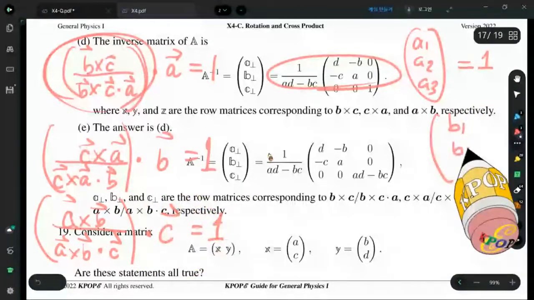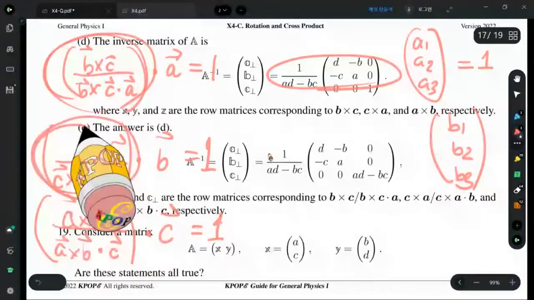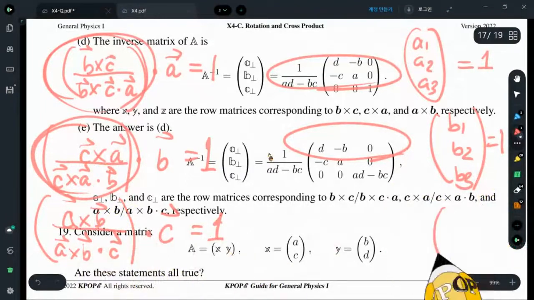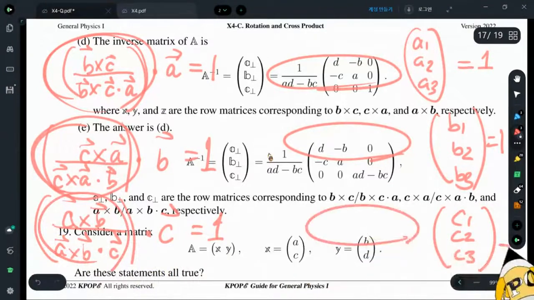And B1, B2, B3 multiplied by this row is 1. And C1, C2, C3 multiplied by this one is 1.